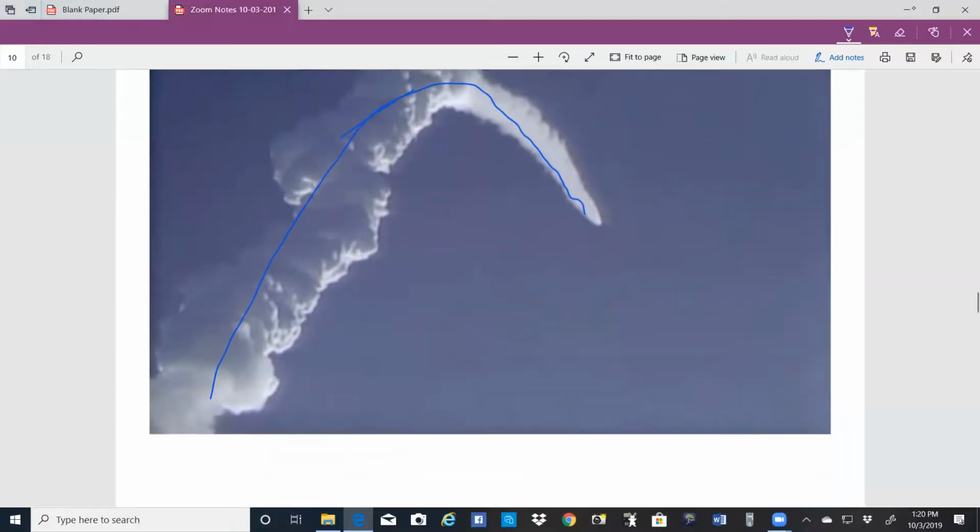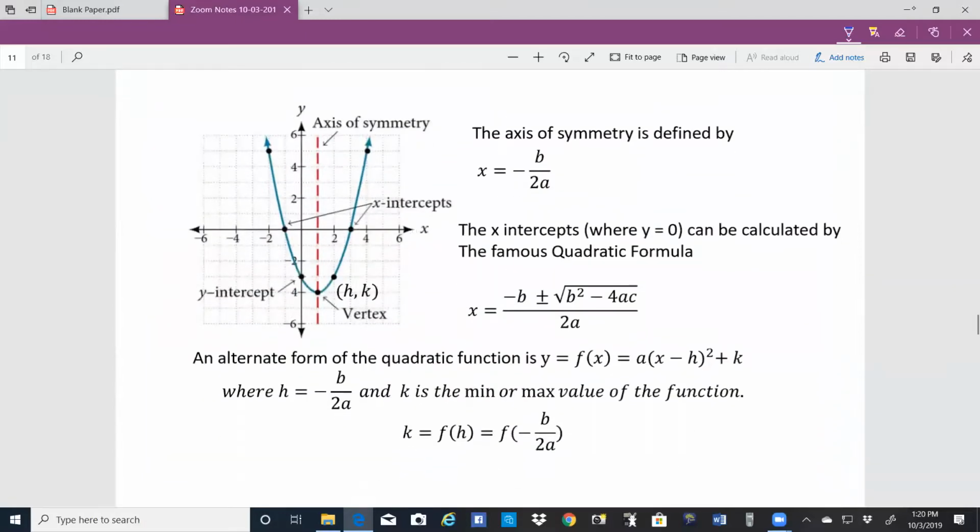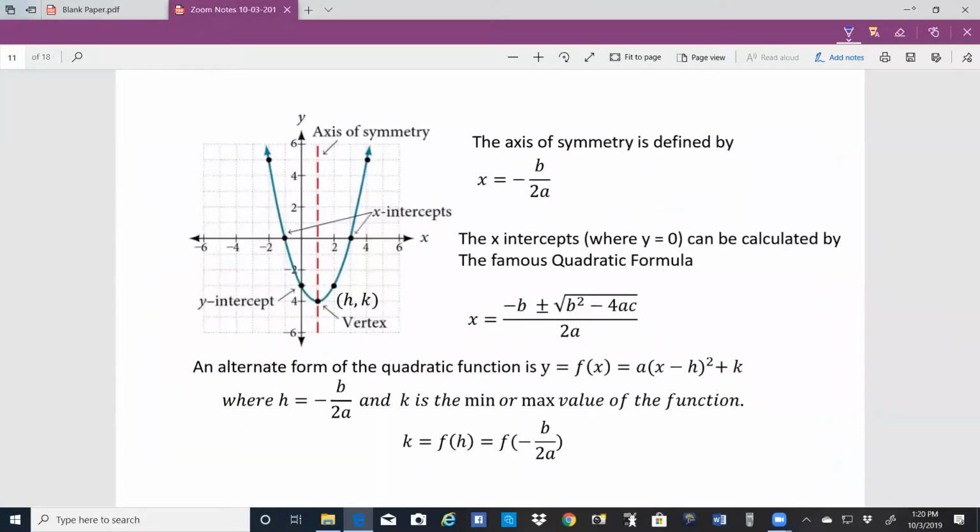Now, the key things, and I would have this with you on the test so that you can remember how to calculate various things. Here's just an example. A parabola will always have an axis of symmetry. That is, the x value equal to some number that splits it right down the middle.